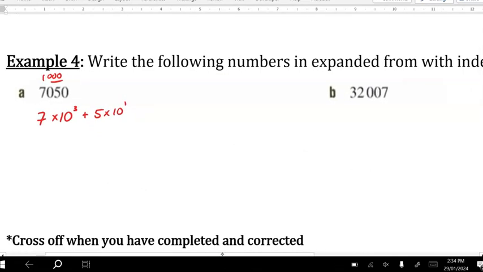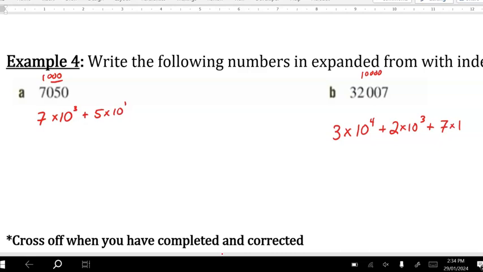And for this one, I've got 3 times 10,000. Let me just look at that. I've got 4 zeros, 10 to the power of 4, plus 2,000, which is 10 to the power of 3, 0 hundreds, 0 tens, and 7 times just plain 1. Or you could put 10 to the power of 0, but let's just put 1.